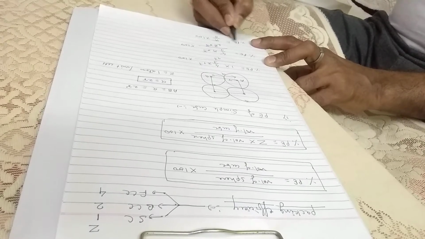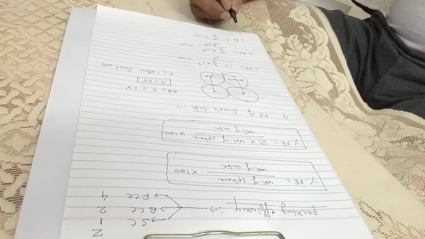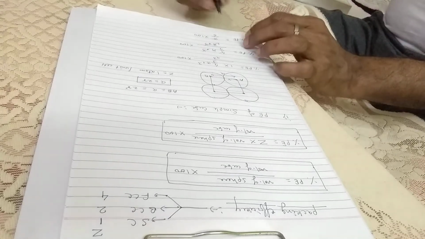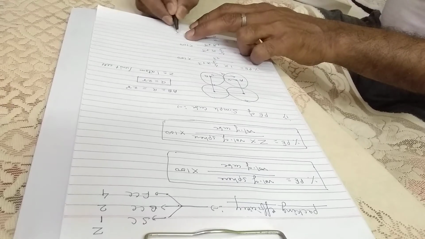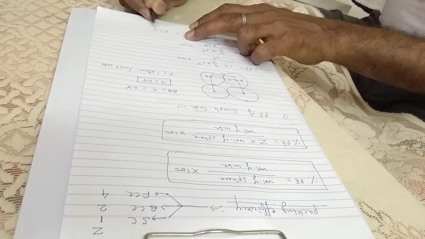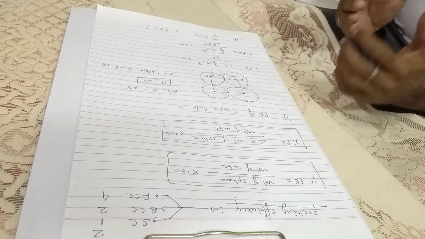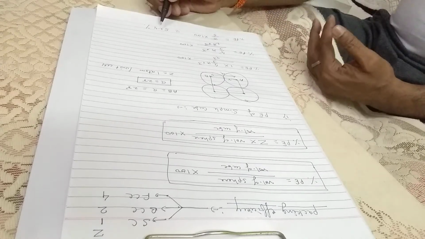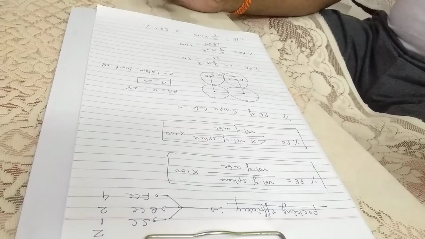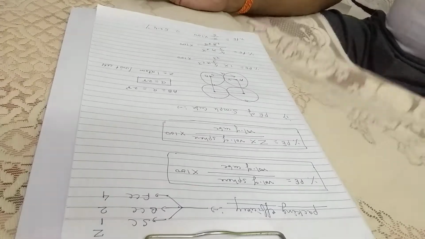This is the percentage packing efficiency of simple cube. In case of simple cube, you will get nearly about 52.4%, means only 52.4% of that unit cell is occupied by the atom, ion or molecule.